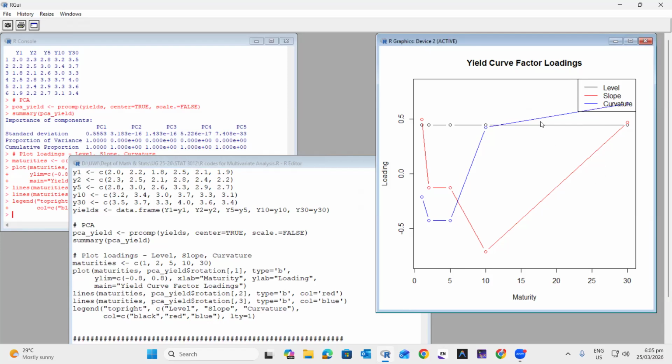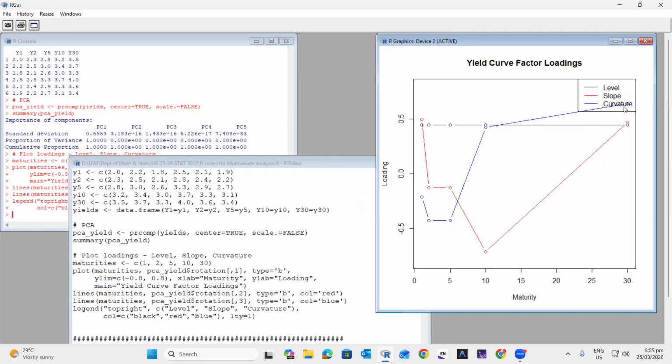Now the blue one is the curvature factor, PC3. Basically, it shows low at the short end, rising in the middle and creating a hump again. So this captures the curvature or butterfly shape. All right.